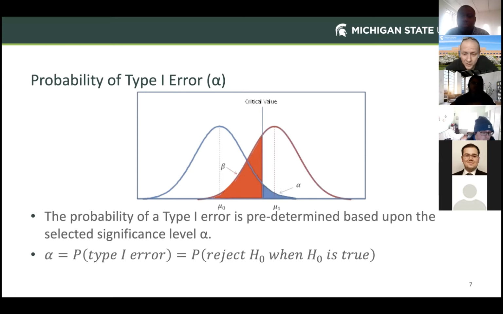Now, in actuality, we never really know if our null is true or not. We're trying to collect data and empirically assess that. So it's hypothetical how likely it is that an error has occurred, because we don't actually know that an error has occurred in practice.